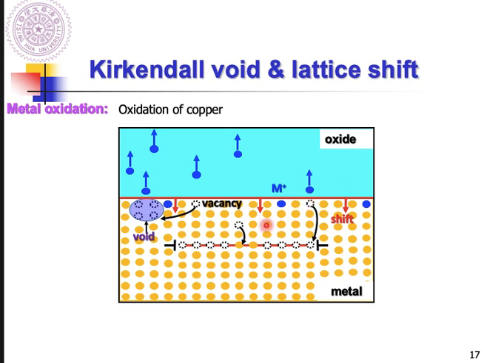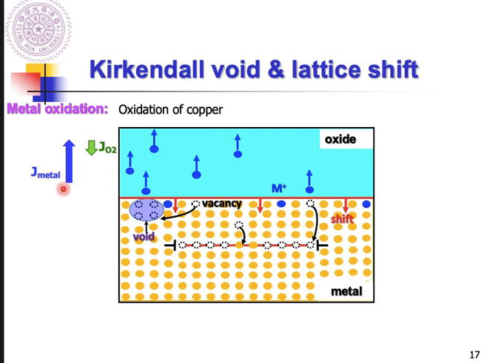In order to determine which mechanism really happens in this case, the first thing you need to consider is which flux is faster. After serious investigation, whether you check the literature or something else, the flux of copper is larger than the flux of oxygen molecules inside this oxide layer.